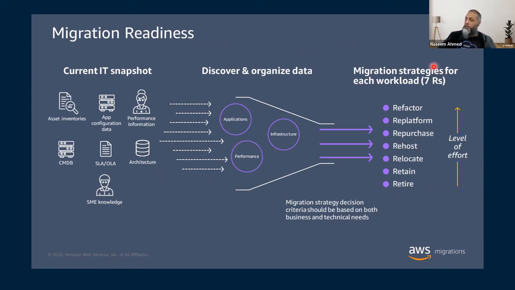And then you utilize what is called the 7R migration strategy: retain, retire, relocate, rehost, repurchase, replatform, refactor.